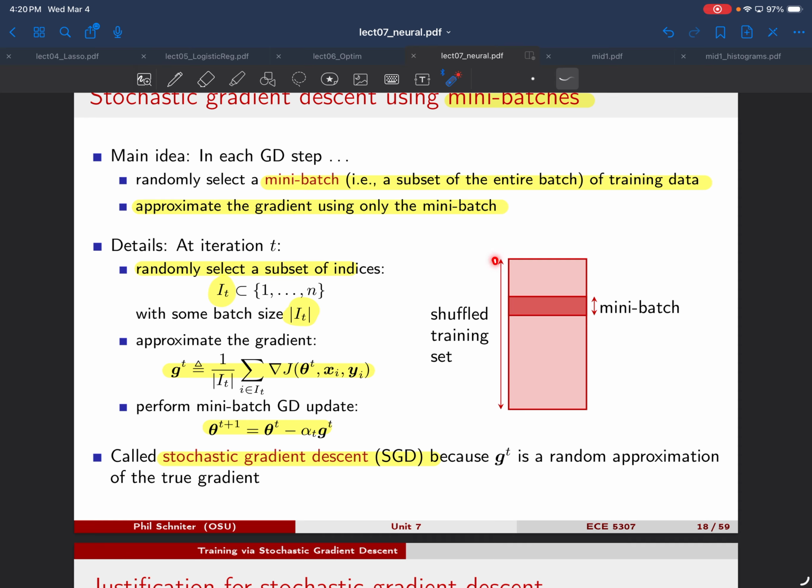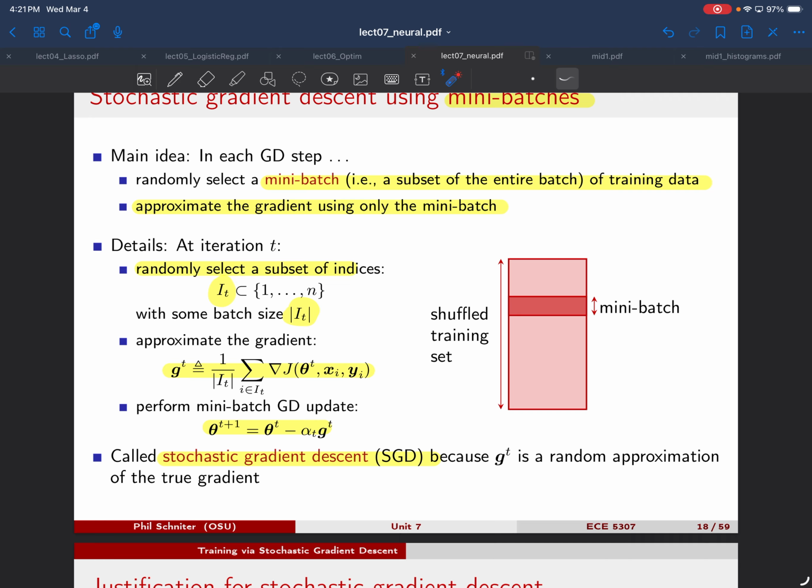In doing that, you will have used capital T iterations of SGD, and that's one epoch. Now you begin the second epoch. You reshuffle your training set, using a different random seed, and once again take out the first mini batch, one SGD update, the next mini batch, another SGD update, and so on.